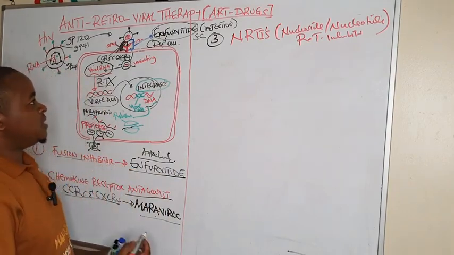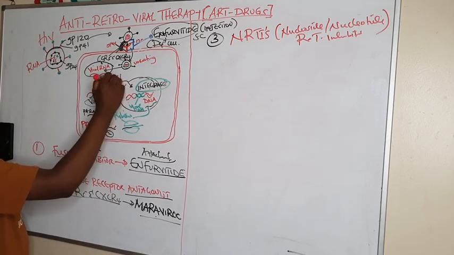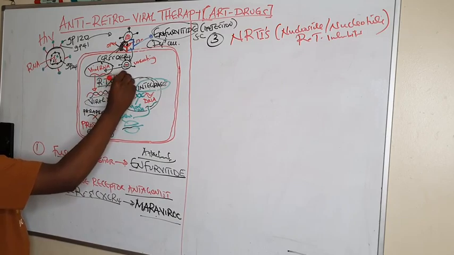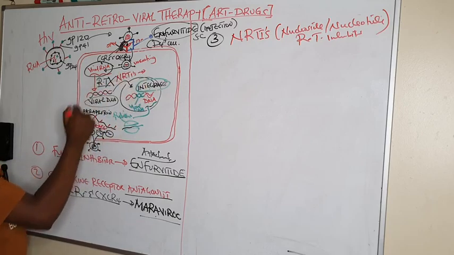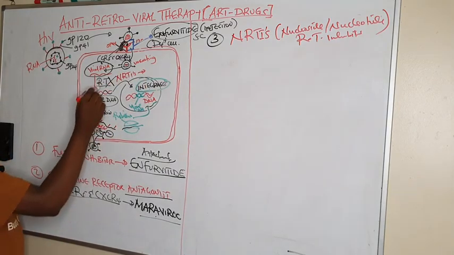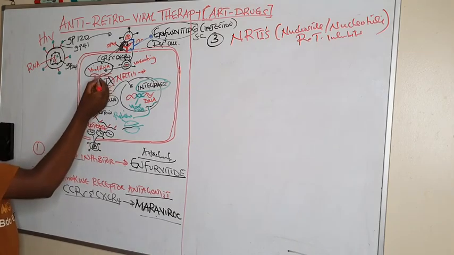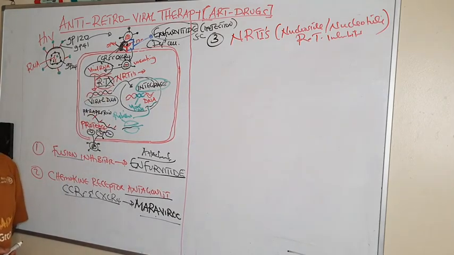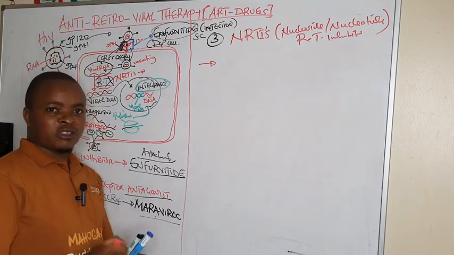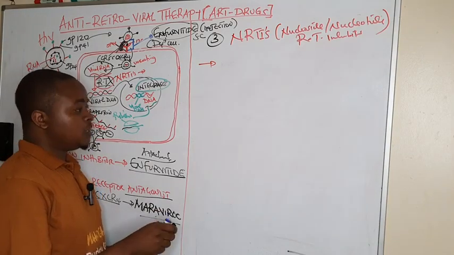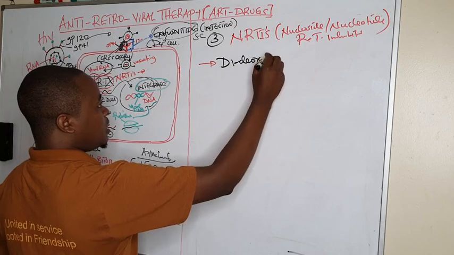And how do these NRTIs work? We are going to see that the nucleotide or nucleoside reverse transcriptase inhibitors work by competitively inhibiting the reverse transcriptase enzyme, which converts the viral RNA genome to a viral DNA genome. And how do they do it? These NRTIs employ a dideoxynucleotide.